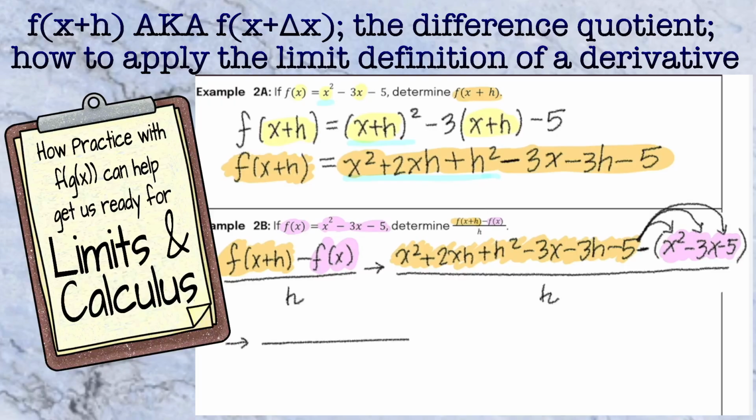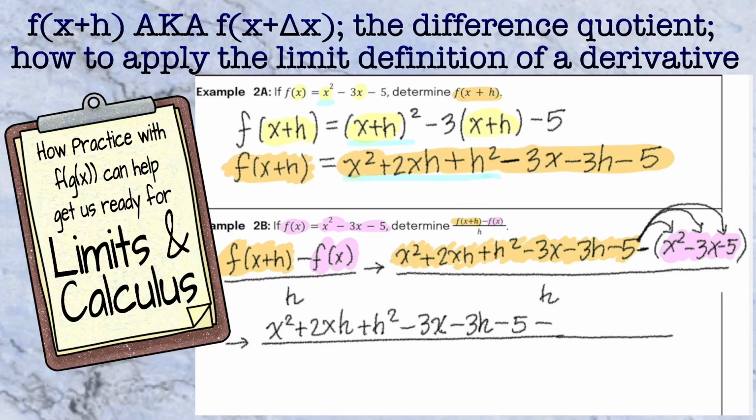So, showing every step, you could double speed, fast forward, do what you've got to do: x squared plus 2xh plus h squared minus 3x minus 3h minus 5 minus x squared plus 3x plus 5, all over h. Okay, so that's where we are right now.